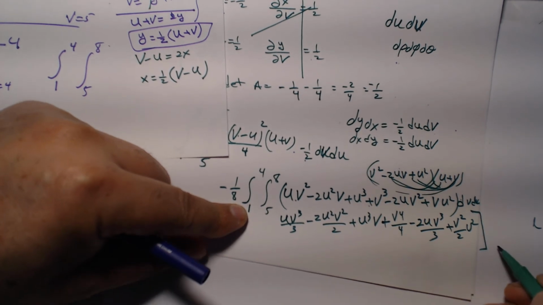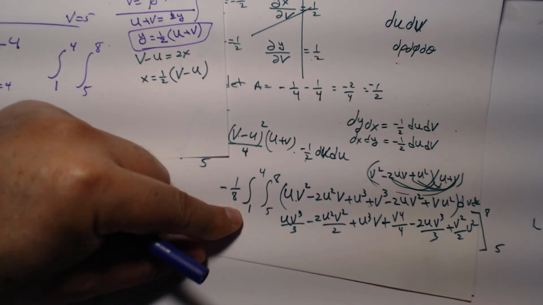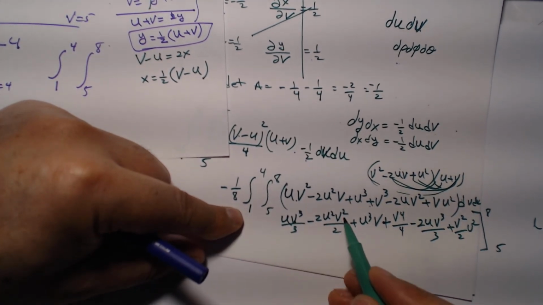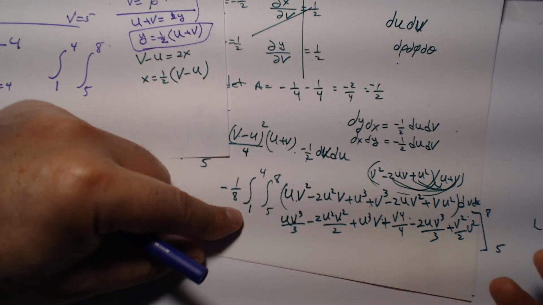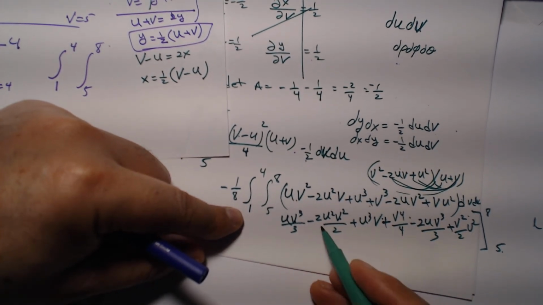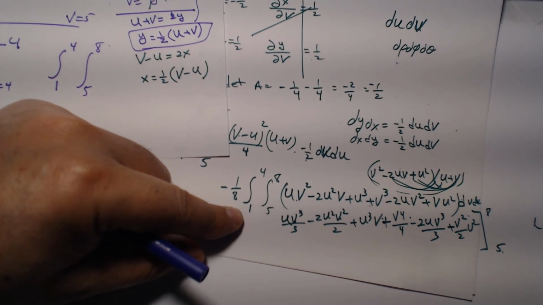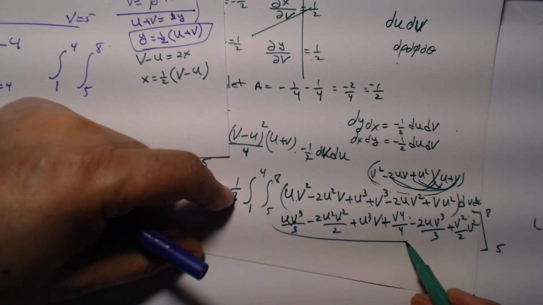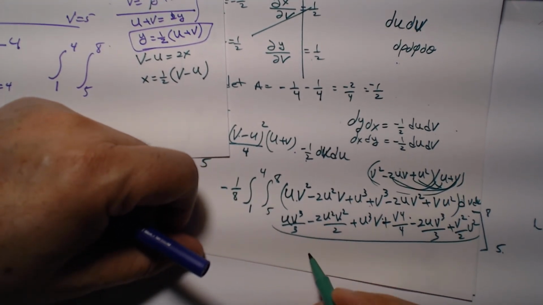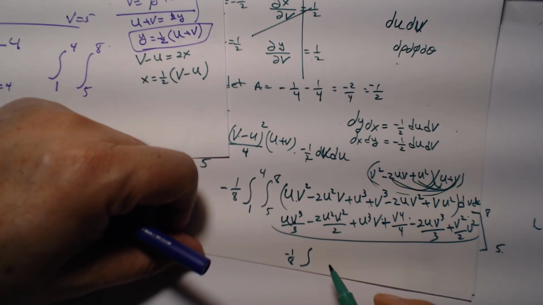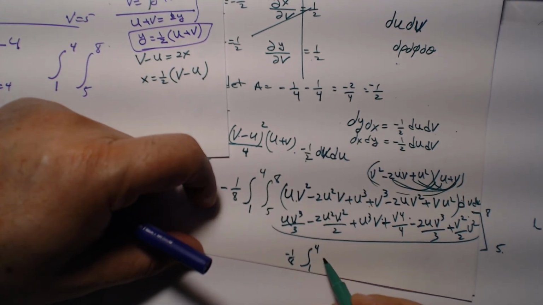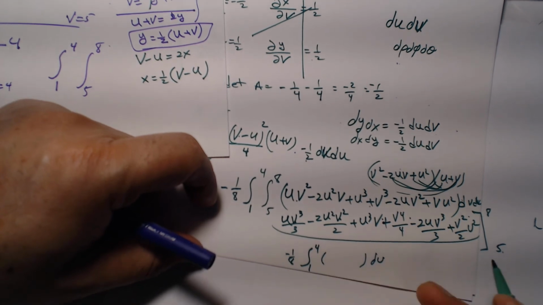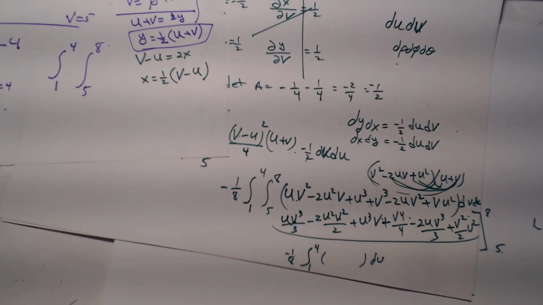But these have to be evaluated from 5 to 8. You can put 8 for the v, which is not a big deal, and put 5 and subtract them. Then you're going to get everything in terms of u. Then you integrate from 1 to 4, with the negative 1/8, with respect to u, and find it. I'll let you finish that problem.